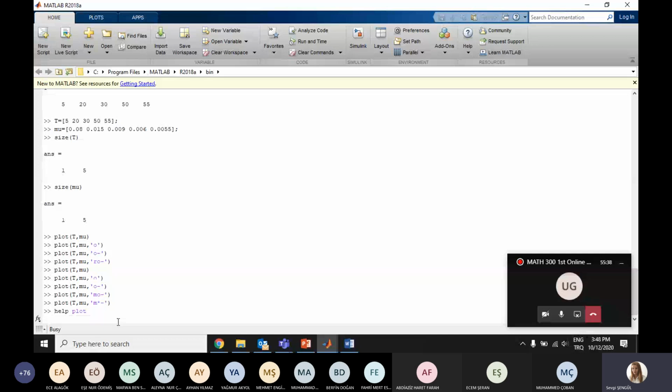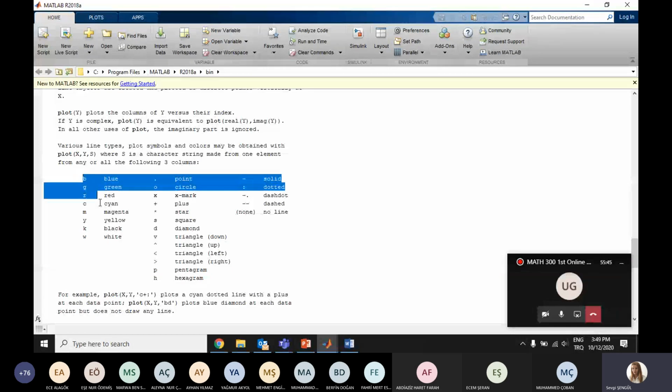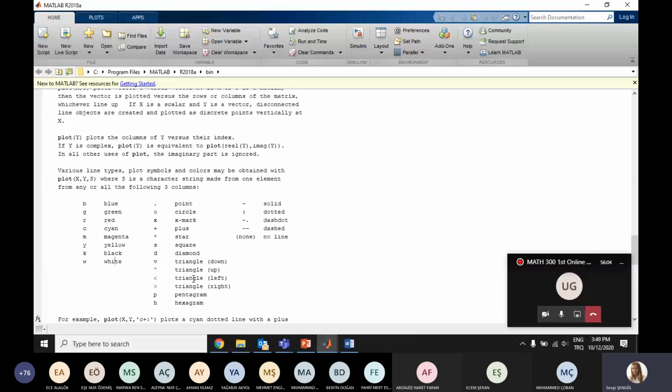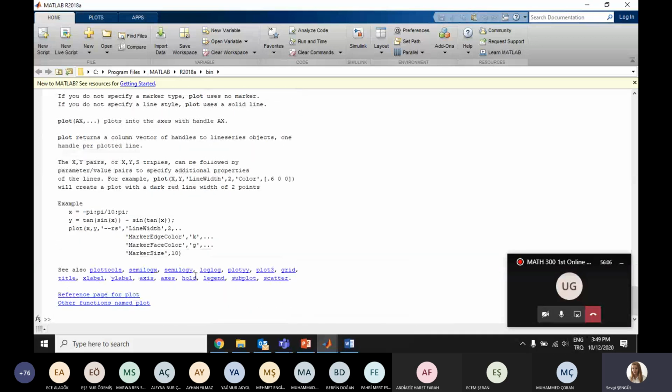If you do that, you just wait a little bit and it will show you all, for example, the color ones. For blue B, green G, red R, for point, circle, star, and to the lines you can do solid, dotted, dash dot, dashed. Okay, you can specify all those plotting options by checking help plot.